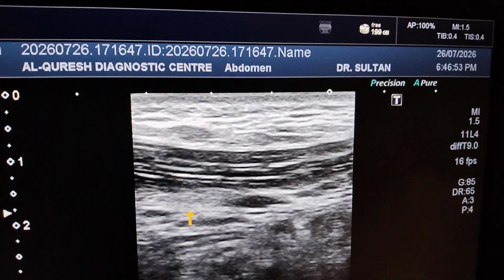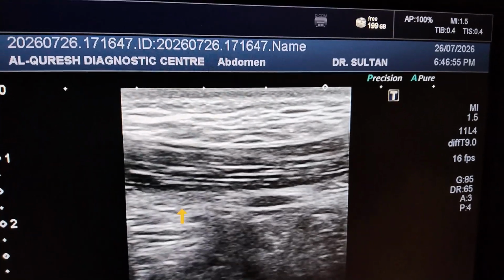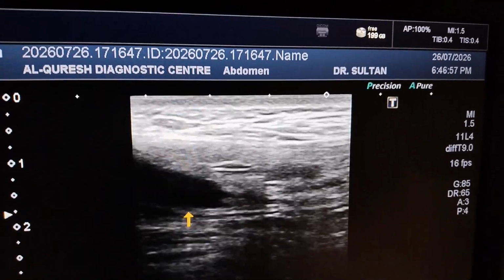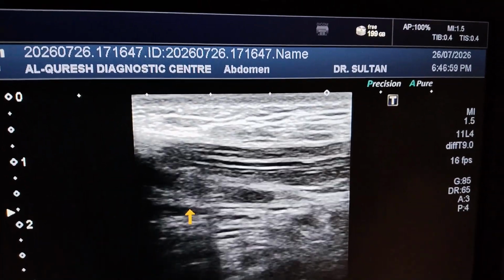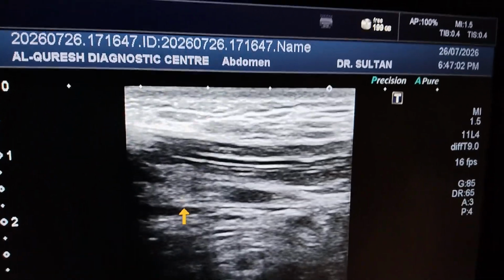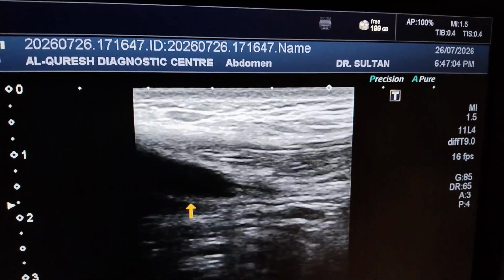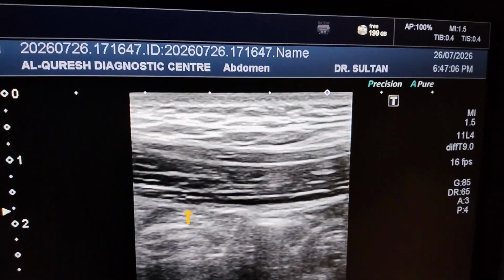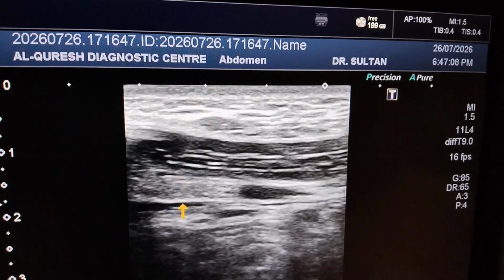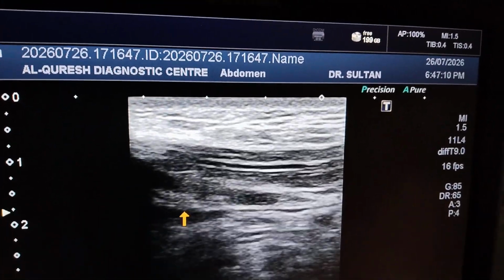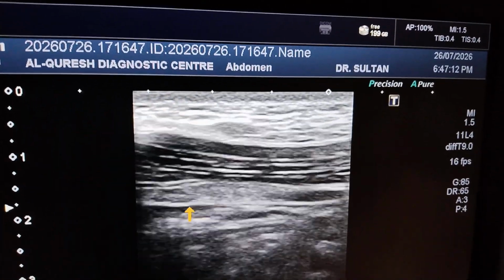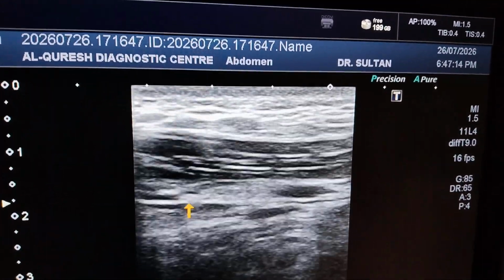One take home message we can say is that a congenital anomaly doesn't mean that it will give symptoms at birth or after birth.